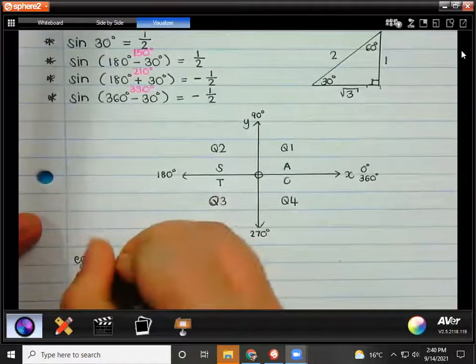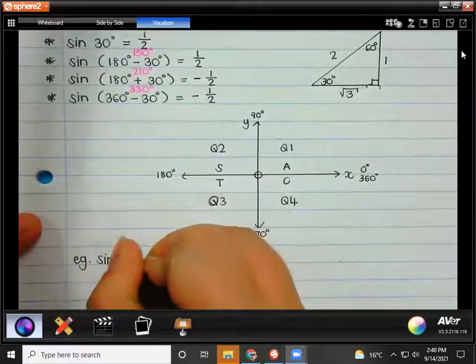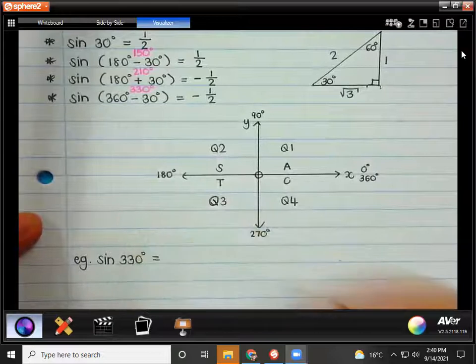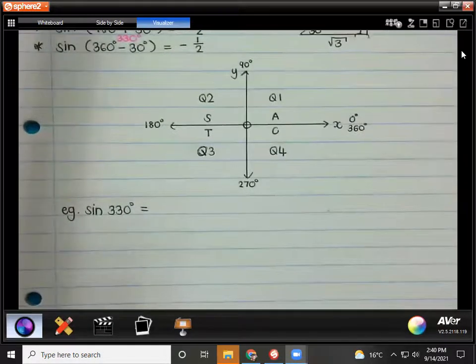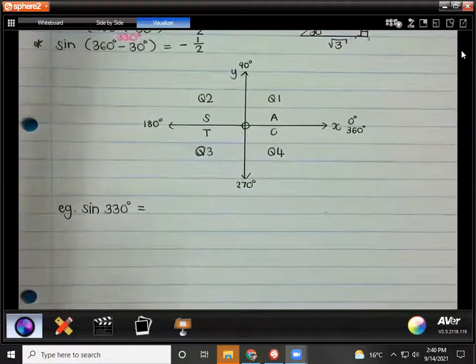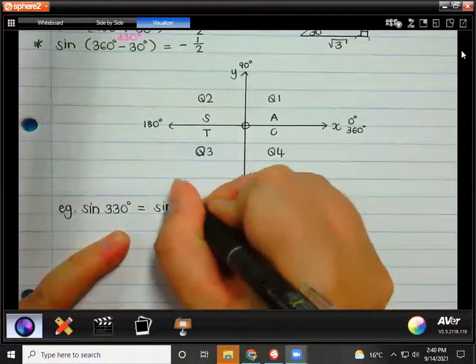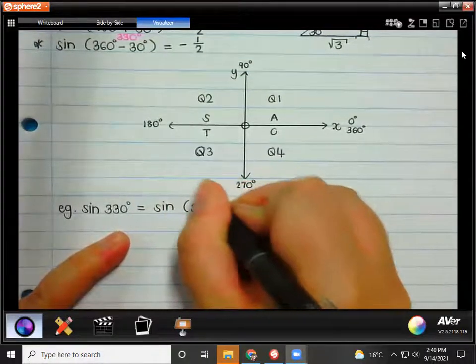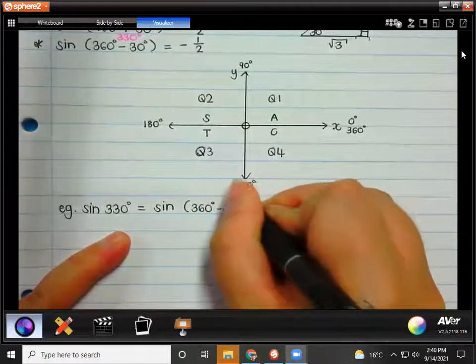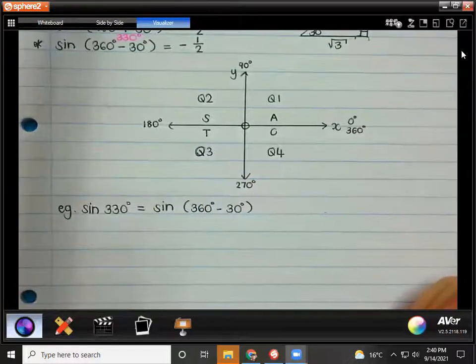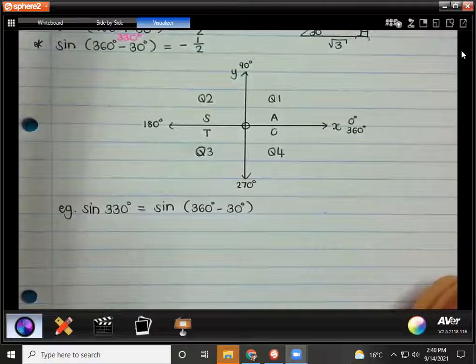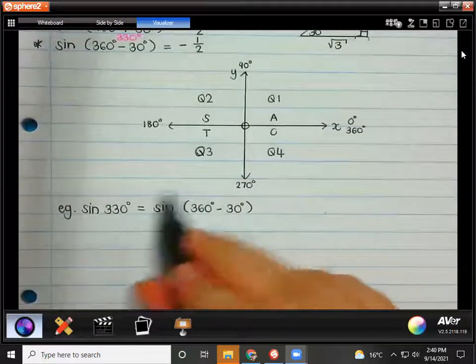For example, if they're asking you to find the value of sine 330 without the use of a calculator, right, and we are going to get to that, so we're going to do lots and lots of examples. You can rewrite 330 degrees as 360 minus 30. Right, doesn't that mean the same thing? 360 minus 30 is 330, right?